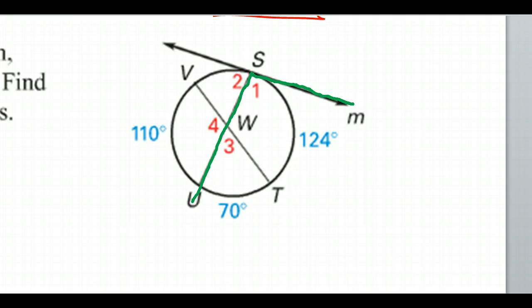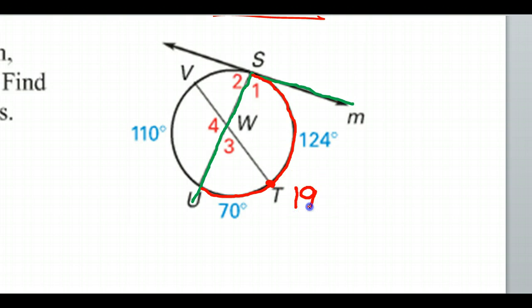Now, the arc that goes with that, the intercepted arc, is this arc that goes from one part of the angle all the way around to the other part. Notice that this arc is simply made up of 70 and 124. So all I really need to do is add 70 plus 124. And that is 194.